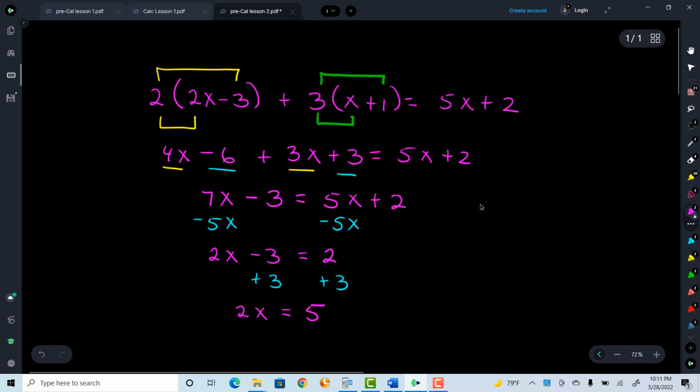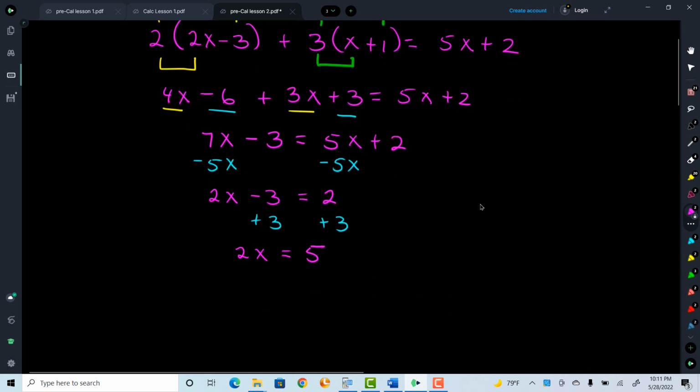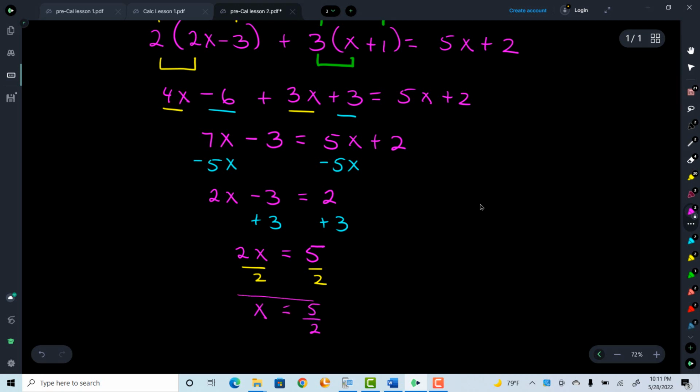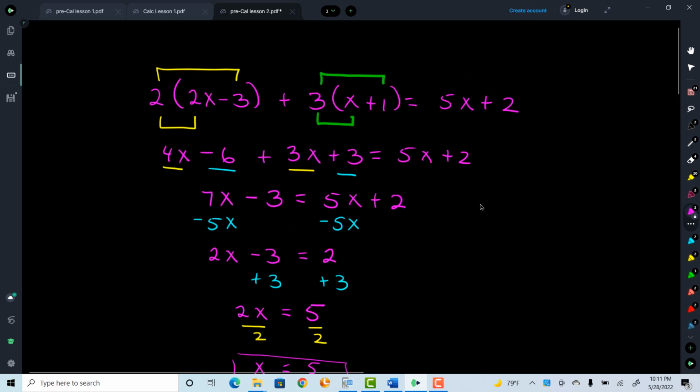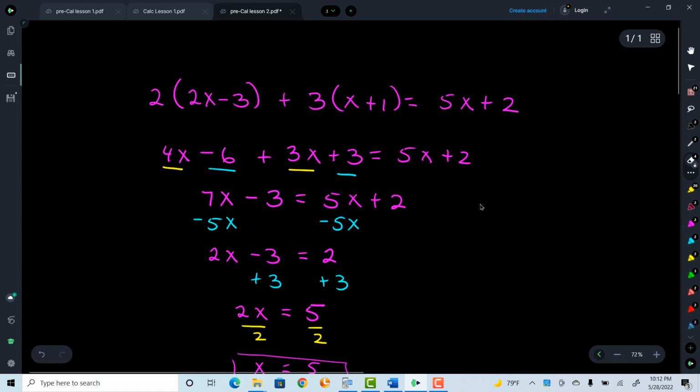Okay, now how do I get the x by itself now? Now I'm going to divide by 2 on both sides of the equation. So we have x equals 5 over 2. That is the solution to that equation. Now if I go back up to the original equation, remember I said the solution is actually where it crosses the x-axis.